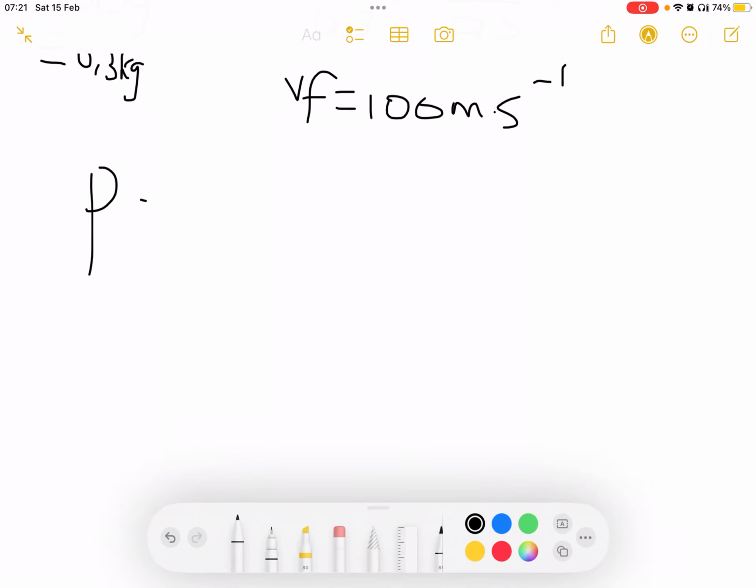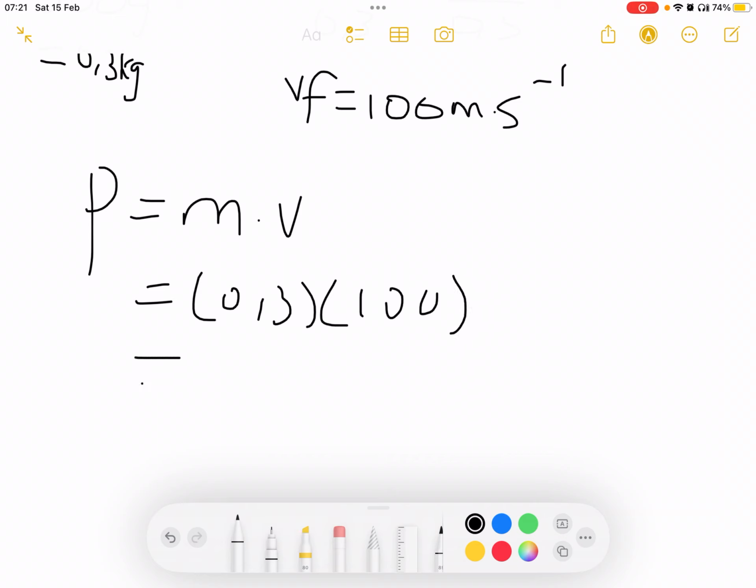So P is equal to M times V. The mass 0.3 multiplied by 100 meters per second. Then you get 30 kilogram meters per second going downwards, because we take downwards as positive.